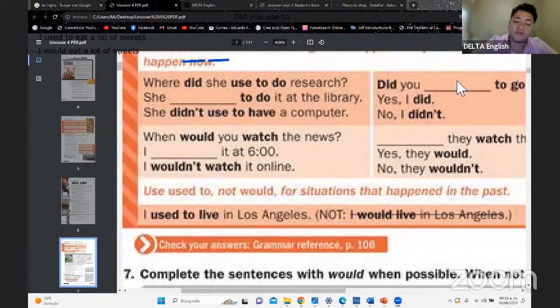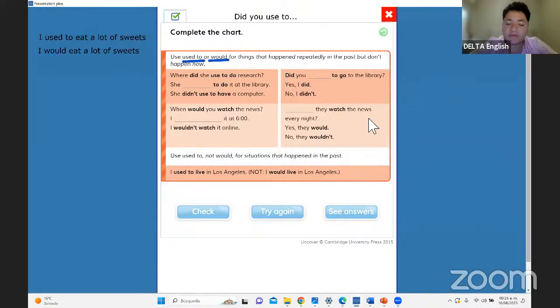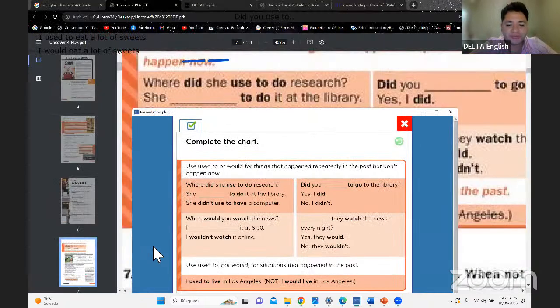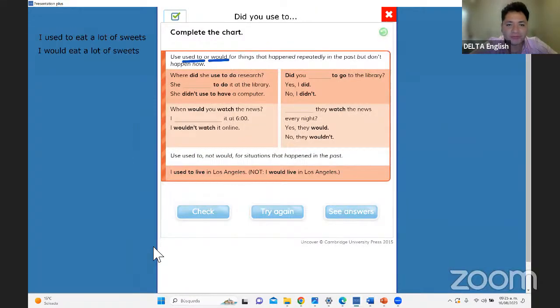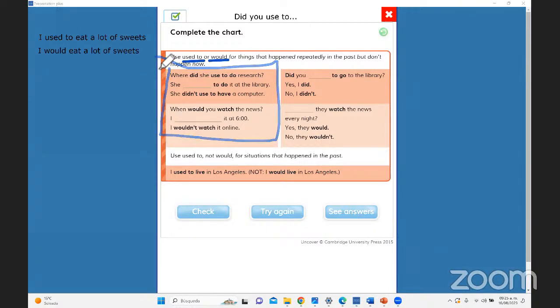Okay, so Nubia, can you please help me with the left side of this chart where we'll complete it here? Yes. So please help me complete this part. Where did she used to do research? She used to do it at the library.